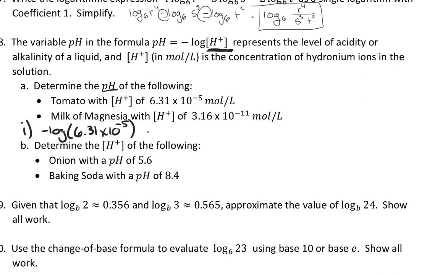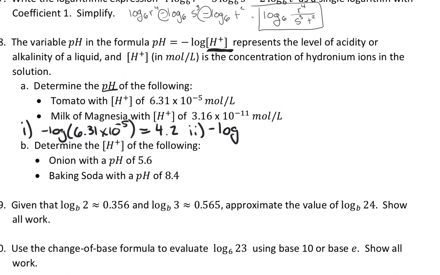Okay, so I'm going to plug that into my calculator. So negative log of 6.31 times 10 to the negative 5th. And that's going to give me a pH of 4.2. For part 2, I will do the same thing.